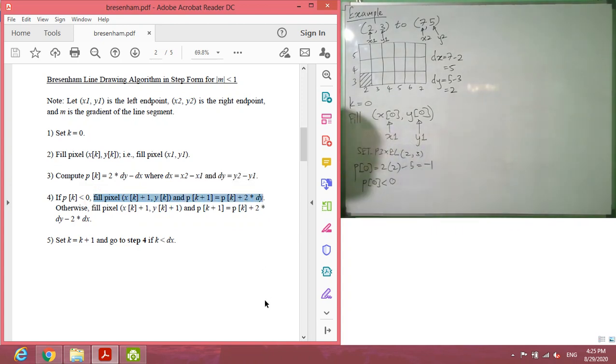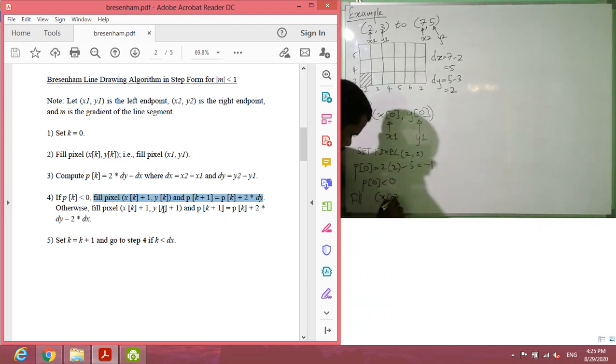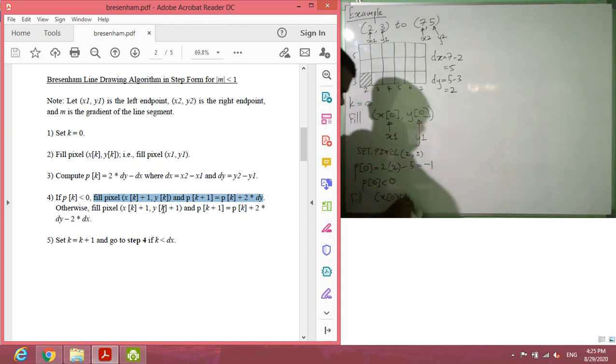Fill pixel, you have to fill xk plus 1, that means x naught plus 1 comma y naught.